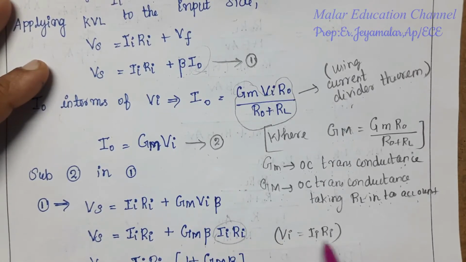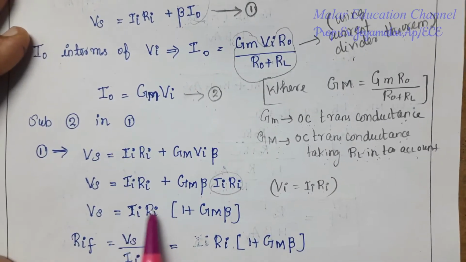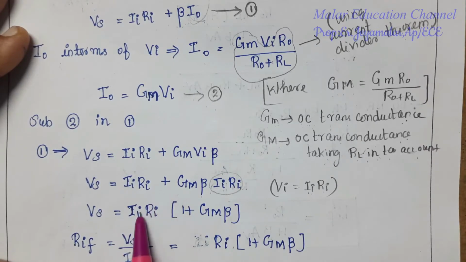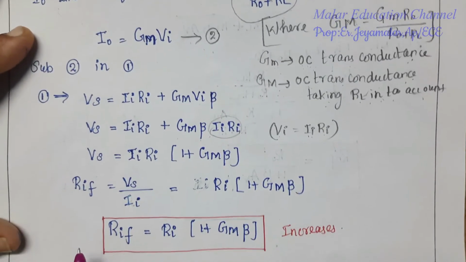According to Ohm's law, V equal to IR, so Vi equal to Ia into Ri. Take the common term Ia into Ri outside, so the remaining is 1 plus capital Gm into beta. That is the first step, the calculation of input resistance with feedback.